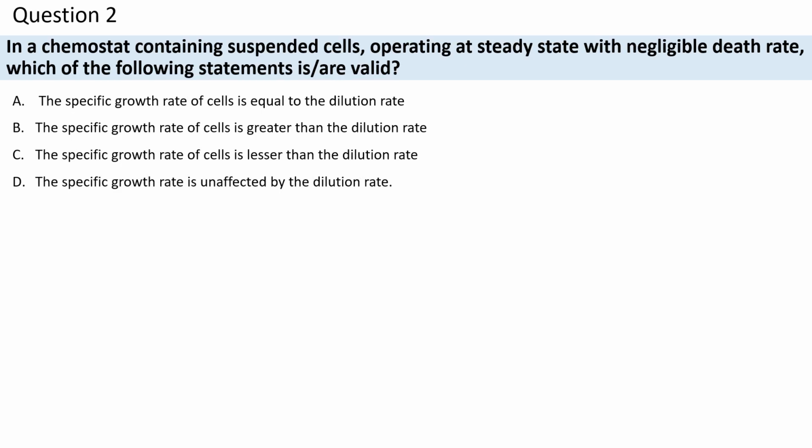The specific growth rate is unaffected by dilution rate. Okay. So option D is not right, that we already know, because we have understood that in a chemostat there is a very strong relation between the specific growth rate of the cells and the dilution rate. Okay, we'll just see A, B or C, whichever is right.